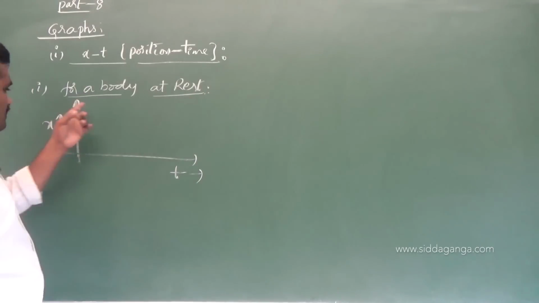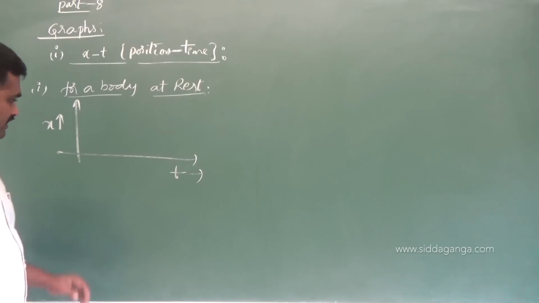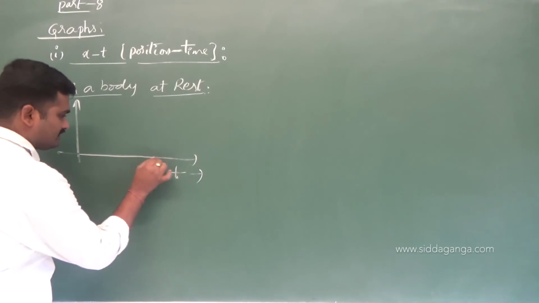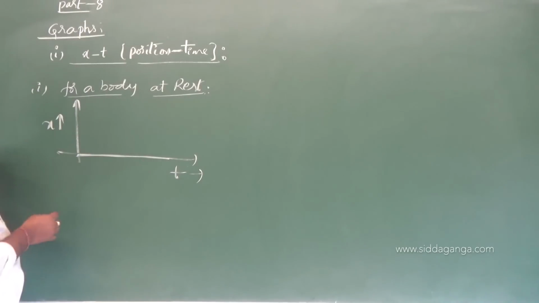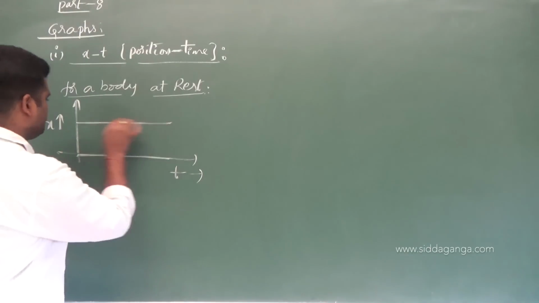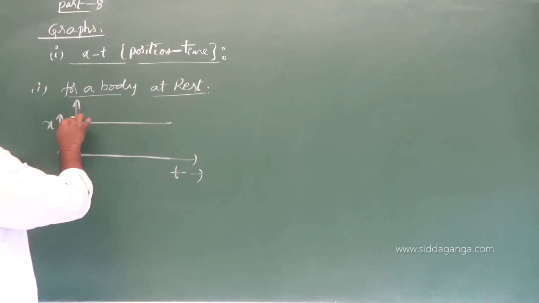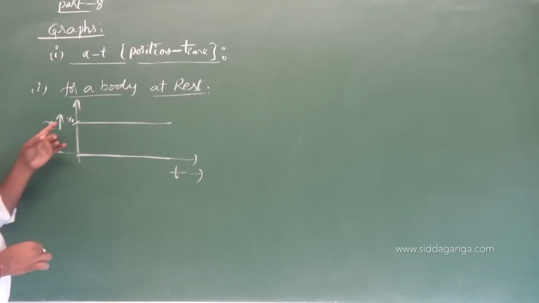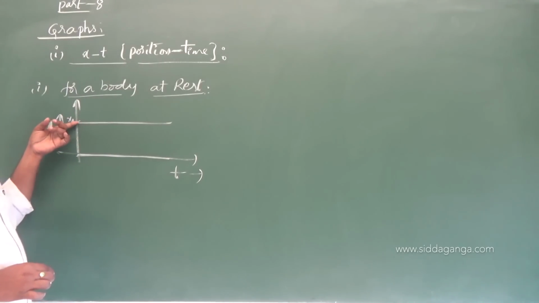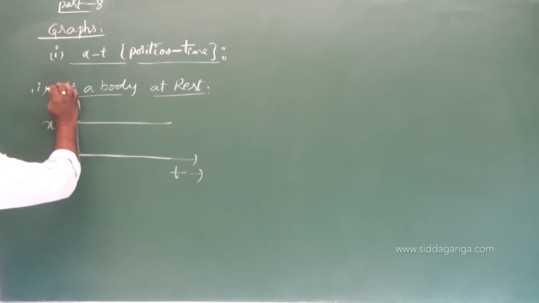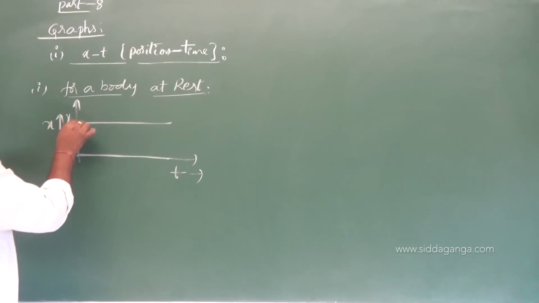First one is what? Body at rest. Body at rest means I can say this body is at the 0 meter mark, or I can also say that this is at some x naught. Initially the position of the particle is some value, whatever it may be, 2 meters or 10 meters or whatever, some x naught I have written.